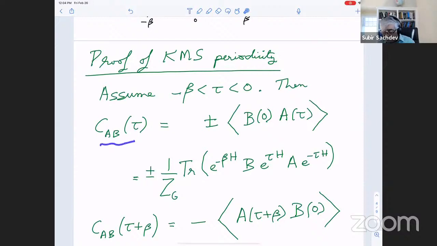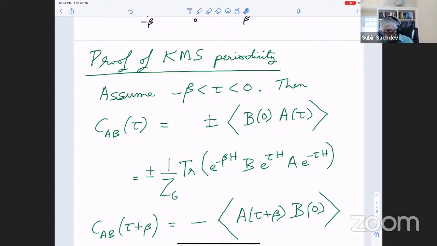Then the 2-point correlator, because now tau is negative, has A of tau first and B, which is now at tau prime equals 0, so it's just B of 0. And since you've reversed the operators, if these were fermionic operators, that would be a plus sign. And if these were bosonic operators, you'd have the original minus sign.